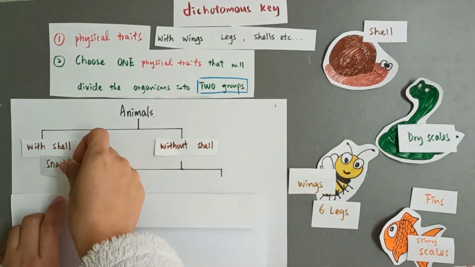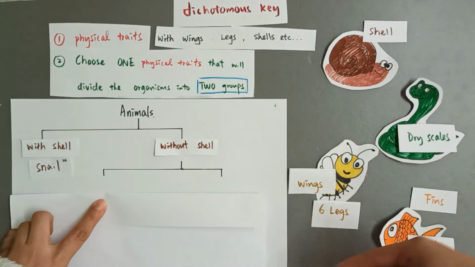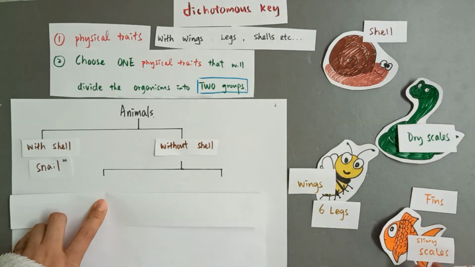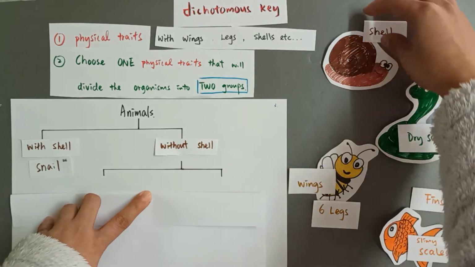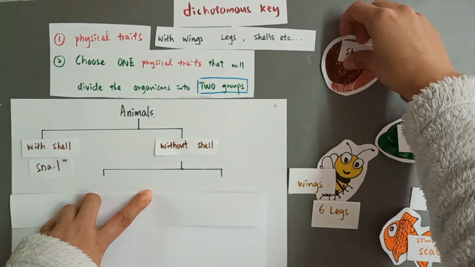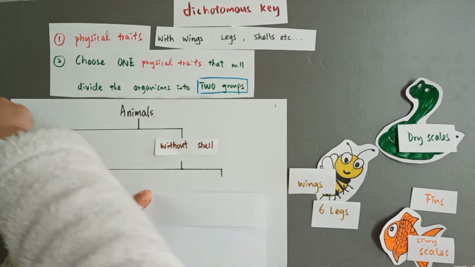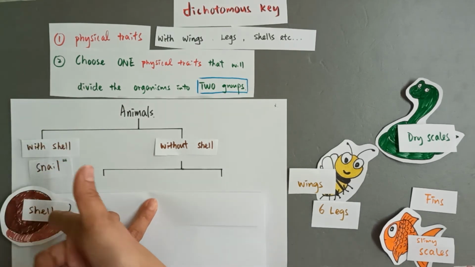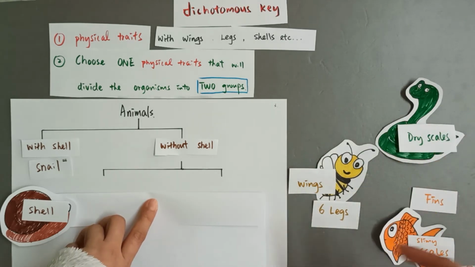We know it must be the snail, because only the snail has a shell among these 4 organisms. So the snail goes here, and this is the second group, where we still have 3 organisms.